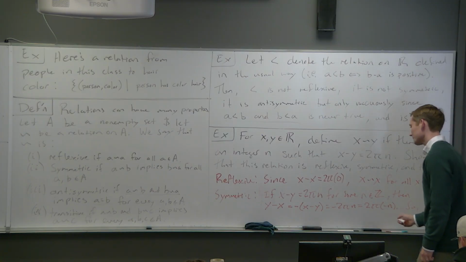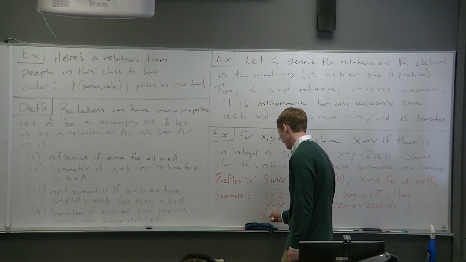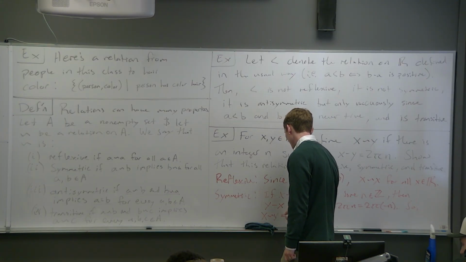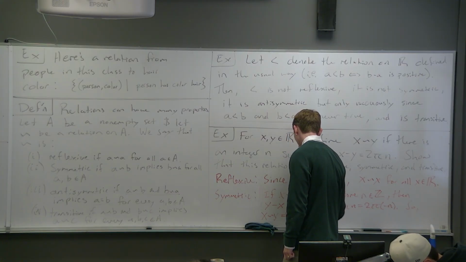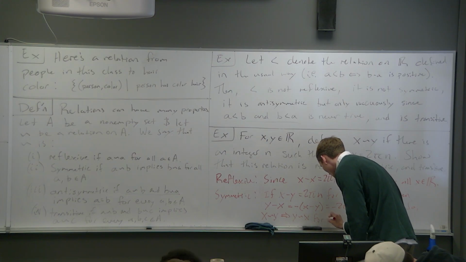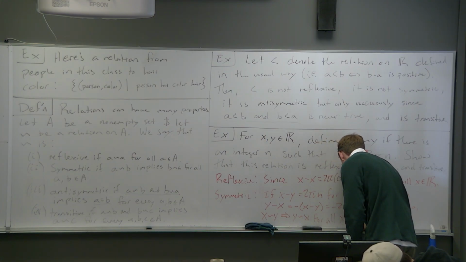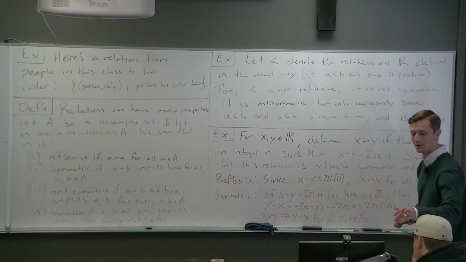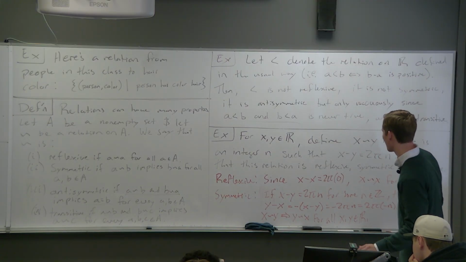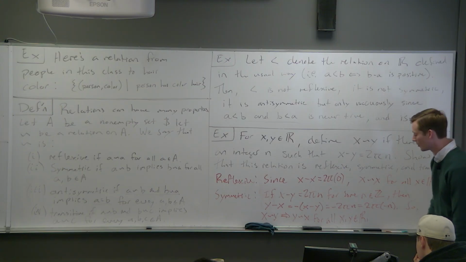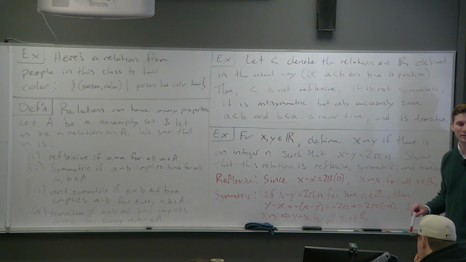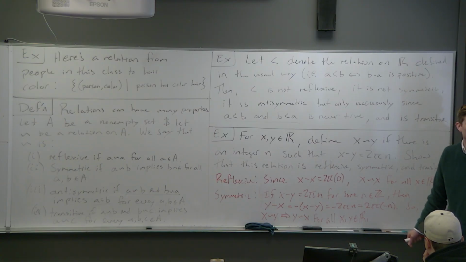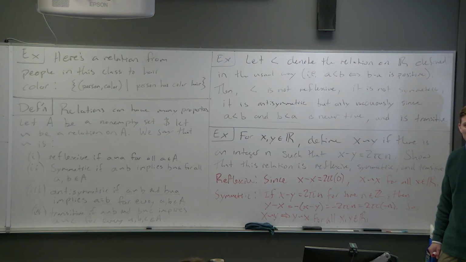So x related to y implies y is related to x for all x and y in the reals. Sorry, that's really low on the board, and some people are not able to see past the monitor. All I'm pointing out is that if x minus y is 2 pi times some integer, then y minus x is 2 pi times negative that integer. Agree? Okay.